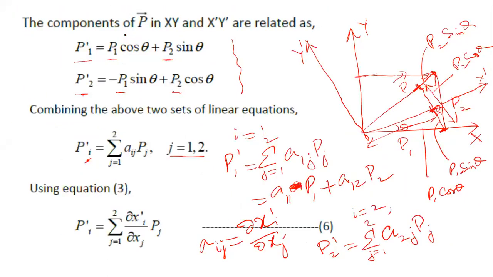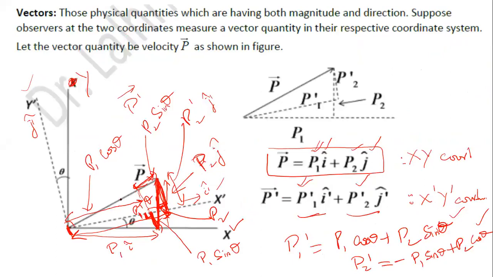What I am trying to convince you of here is that if you have a vector quantity like velocity, represented as vector P in the unprimed xy coordinate, these are the components P1, P2.